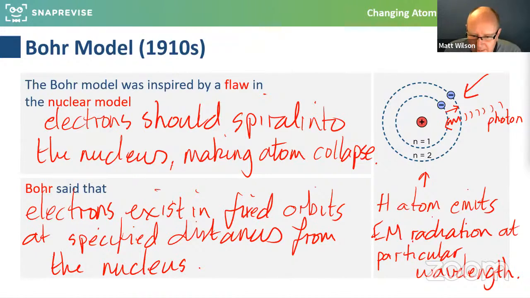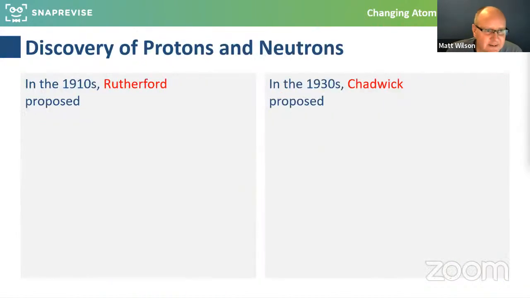Okay, so let's move on to our next slide, to the discovery of protons and neutrons. So far we've got a positive nucleus, electrons orbiting at fixed distances away. Well, in 1910, Rutherford discovered that the positive charge of the nucleus could be subdivided into a whole number of even smaller positive particles, which were called protons.